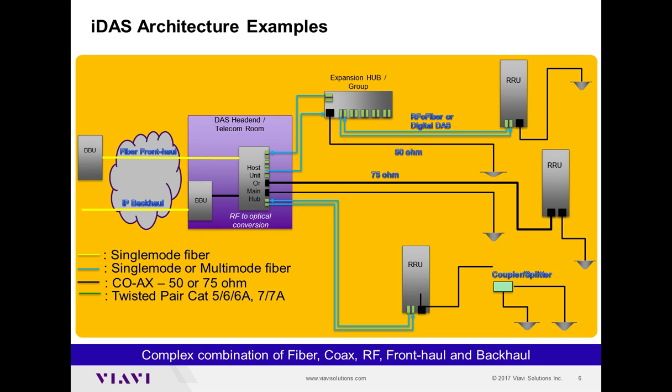You down convert it, bring it to the head end where the signal gets converted into the digital domain, and through fiber links you will be sending it to the remote units within the building. And to the remote units, you will still have some coax cables which will be connected to the antenna.